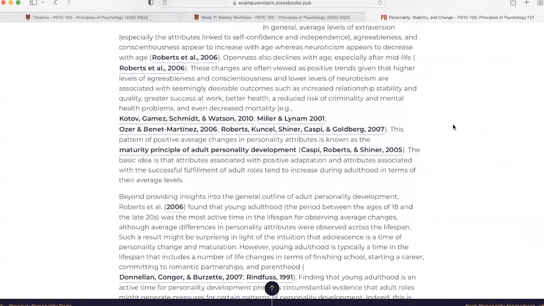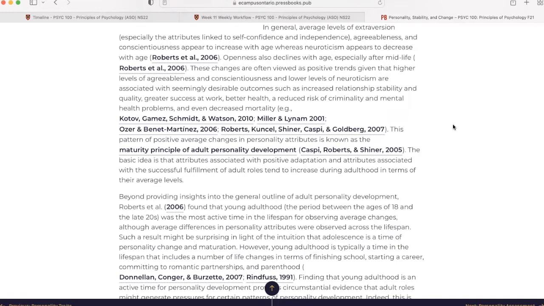These changes are often viewed as positive trends, given that higher levels of agreeableness and conscientiousness and lower levels of neuroticism are associated with seemingly desirable outcomes, such as increased relationship stability and quality, greater success at work, better health, a reduced risk of criminality and mental health problems, and even decreased mortality.